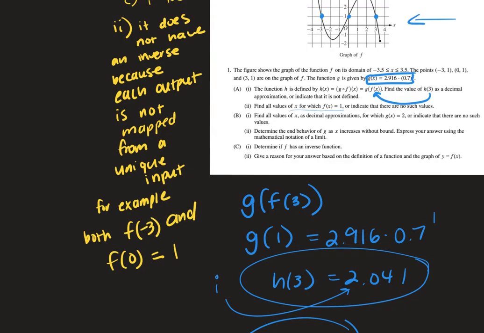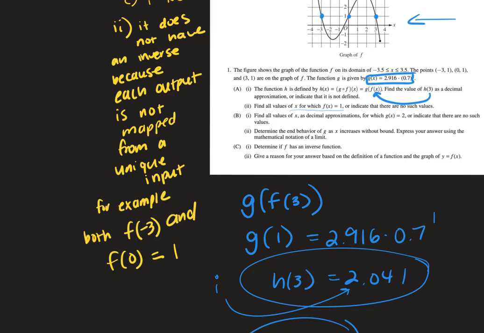Why wouldn't it be each input is not mapped? Because it's the output that can't repeat for invertible. But it is a unique input for each y value. No, the y value is repeated on negative 3, 0, and 3. Yeah, the y value, but the input is the x value.